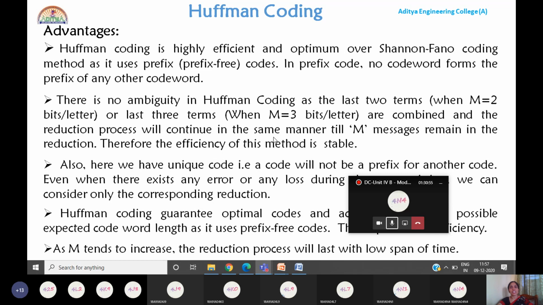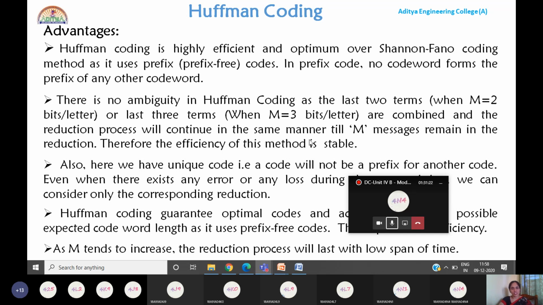How many number of messages? m. For example, if m is 2, this process will continue till 2 messages are present. Okay, and the last 2 terms we also add, and we'll assign 0 to the higher one and 1 to the last one. Like that we'll combine, and you will get the total sum of all the probabilities as 1.